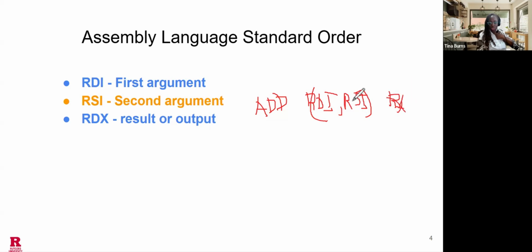If you don't have this, then the result or output is always going to be stored in that first argument. And we'll see the differences between those as we go through the code itself.